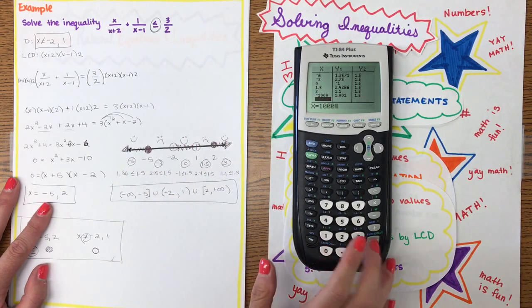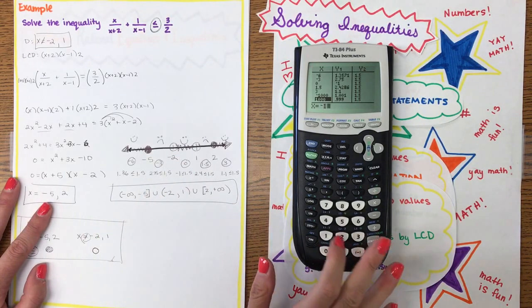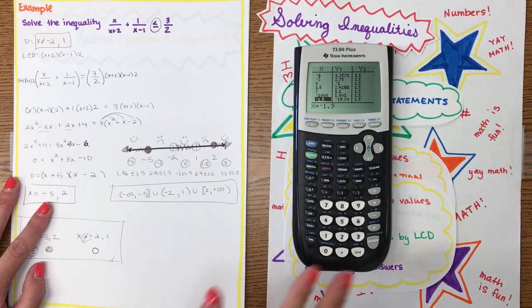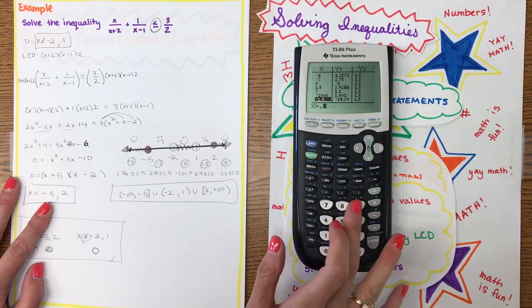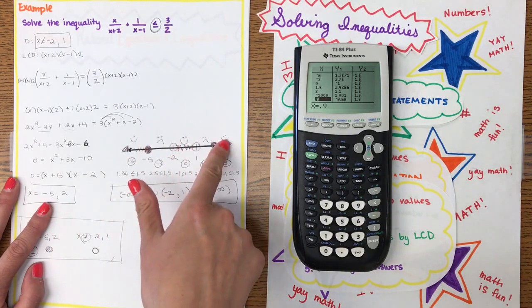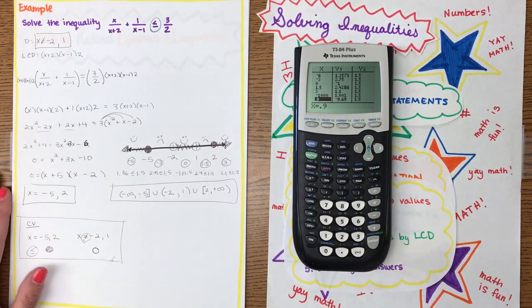If I plug in 1,000, I also get a statement that's true. If I plug in -1.9, I also get a statement that's true. If I plug in 0.9, I get a statement that's true. So any value in these three regions is going to give me a true statement.